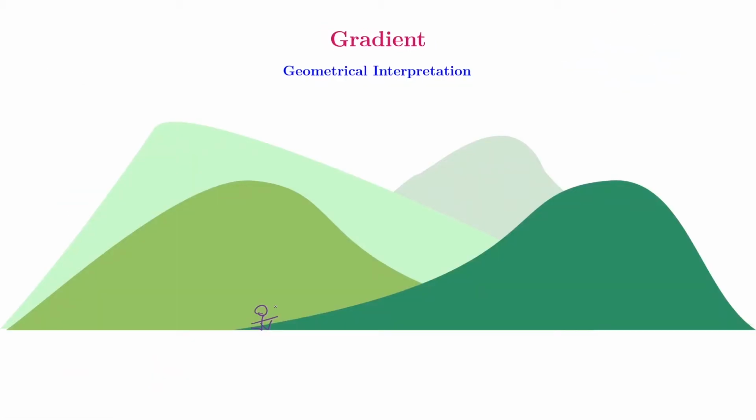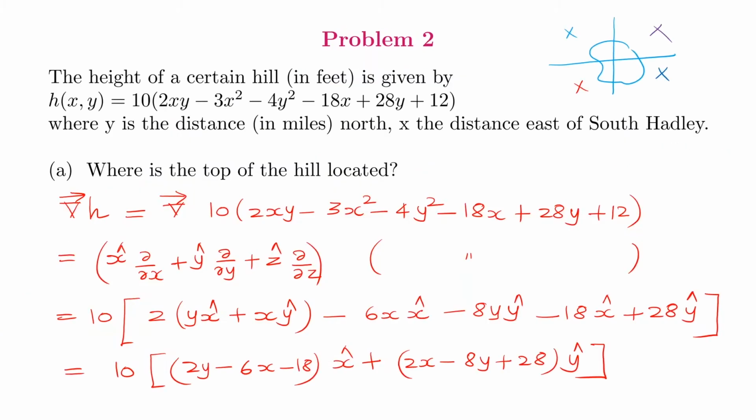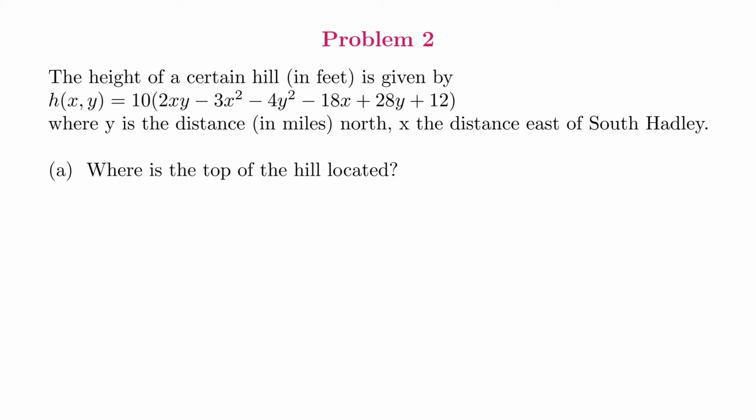To do this problem, we recollect that gradient of a function always points towards a maximum increase of the function. And we also know that at the summit, the gradient is equal to 0. Therefore, at the summit, del h equal to 0.